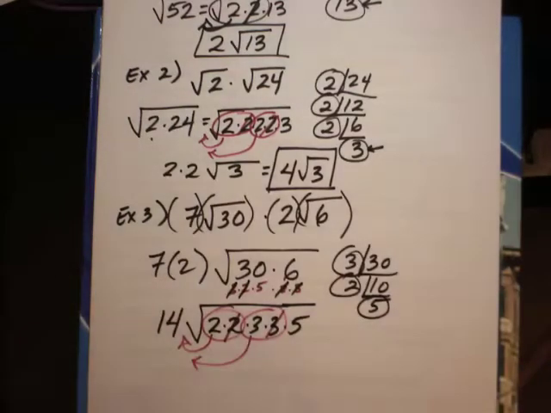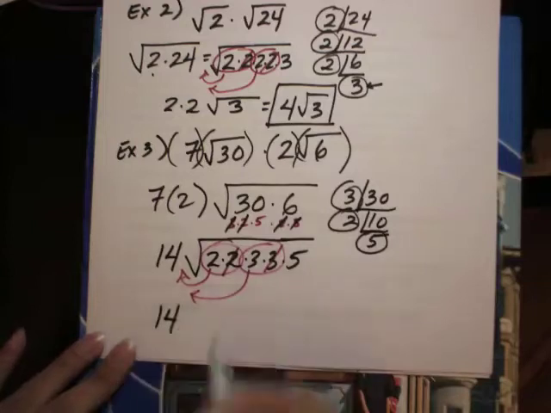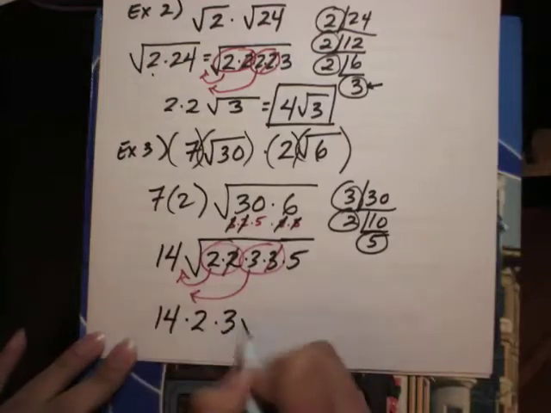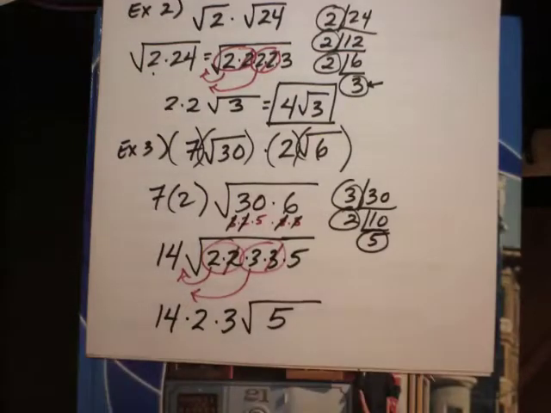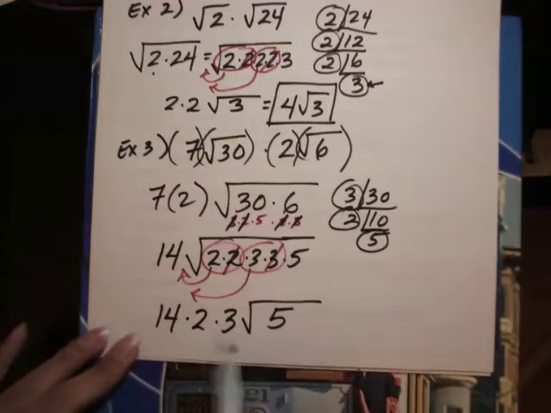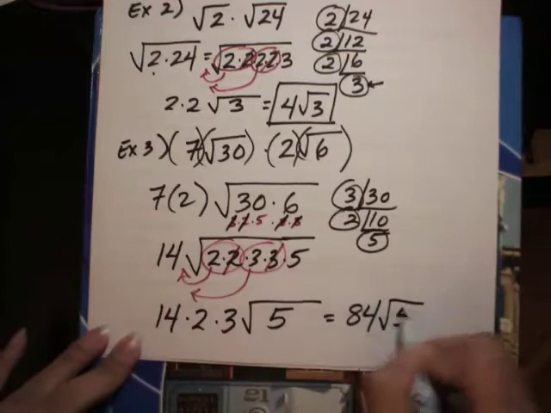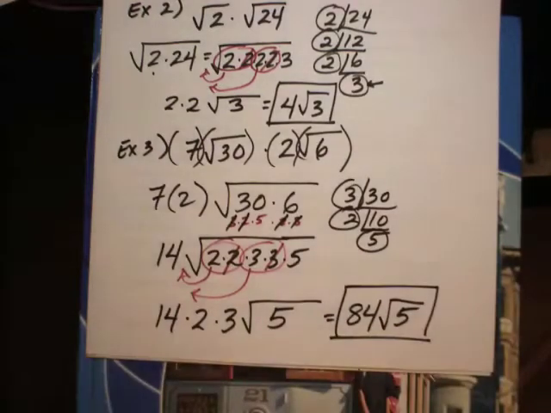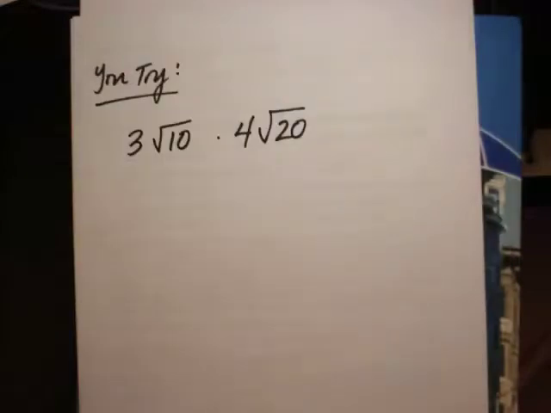And what we have left over will be 14 times 2 times 3, and underneath the radical sign we have just 5. Well, 14 times 2 times 3 will give you 84 times the radical 5. And that's it. All right, I want you to try this problem here.